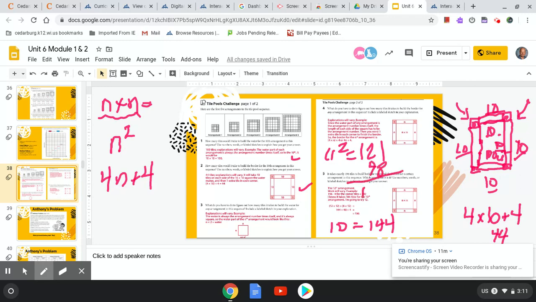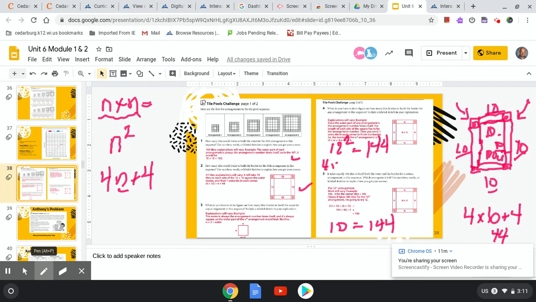And we got 169. We need 196. So that didn't work for us. So 11 was still too small. So then we went to 12. 12 squared was what? What's 12 times 12? Right, it's 144. And then we input the 12 into the n over here.